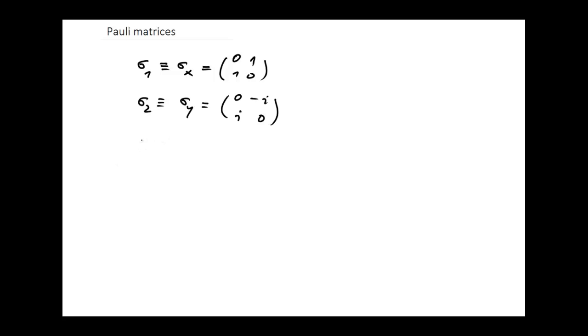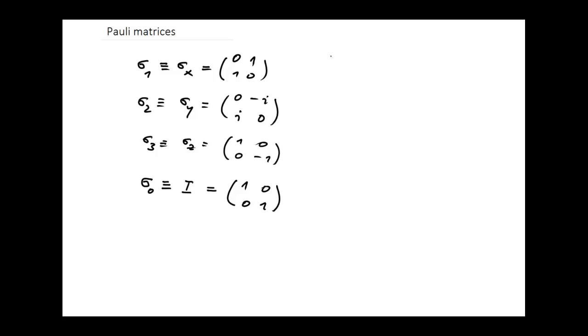And the third one is (1, 0; 0, minus 1). Sometimes people introduce a fourth Pauli matrix sigma 0, but this is nothing but the 2 by 2 unit matrix, which is (1, 0; 0, 1).